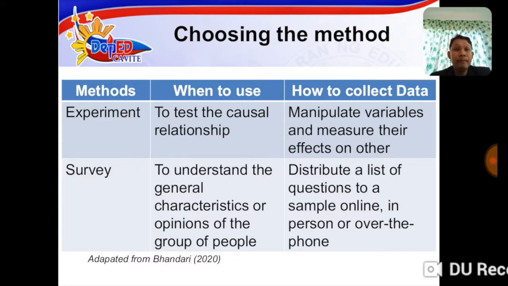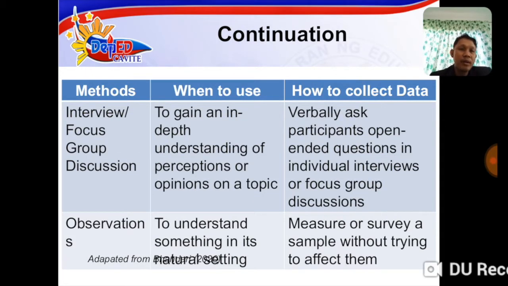And for survey, to understand the general characteristics or opinions of the people or group of people. So how do we collect the data? Distribute a list of questions to a sample online, in person, or over the phone. So what else? We have interview and focus group discussion.